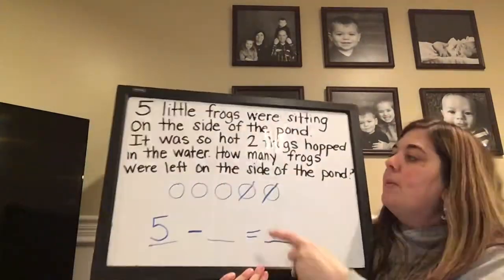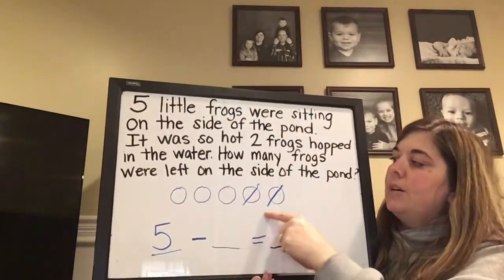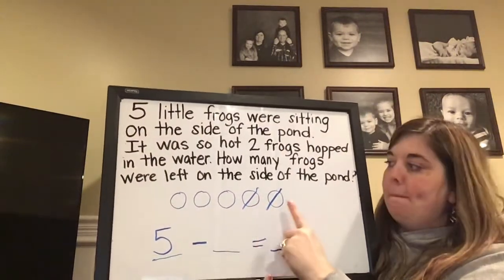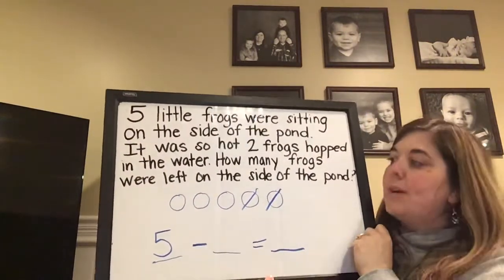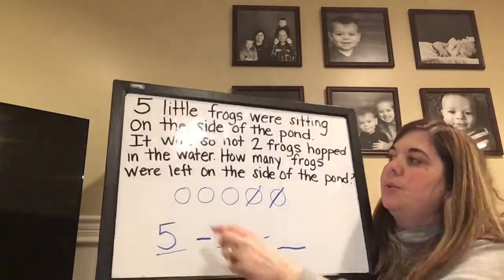Five, and then we want to see how many we took away. So 5, take away, I want you to count how many we took away. You got it, we took away 1, 2. So 5, take away 2.